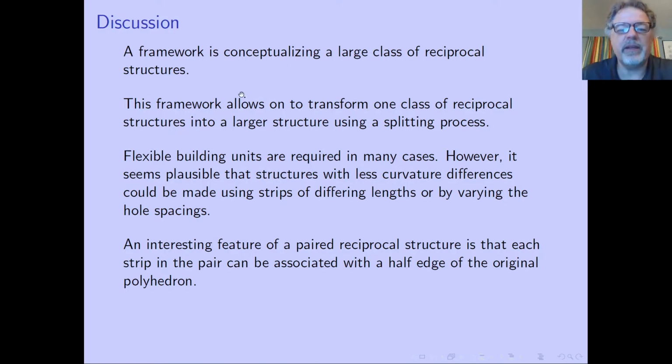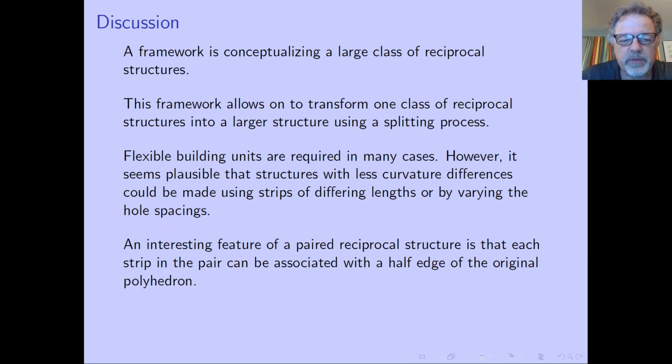In this work we've talked about a framework for conceptualizing a large class of reciprocal structures, and that framework allows us to transform one class of reciprocal structures into a larger structure using this splitting process. We need to use flexible units in many cases.